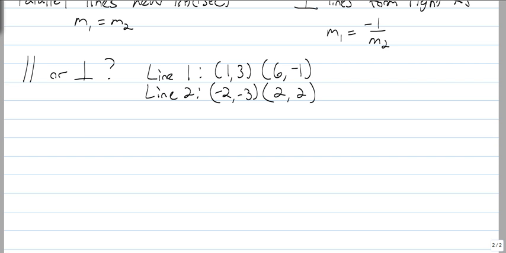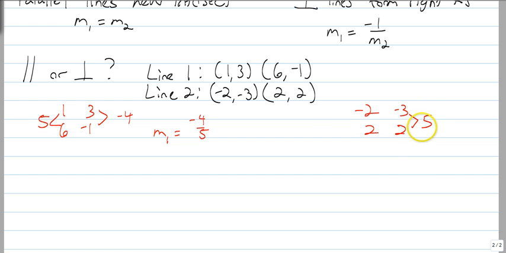I'm going to do line 1, which is 1, 3, 6, -1. And I go down 4 here, and I go up 5 here. So the slope for line 1 is -4/5. Line 2, I'm going to do -2, -3, 2, 2. This goes up 5.